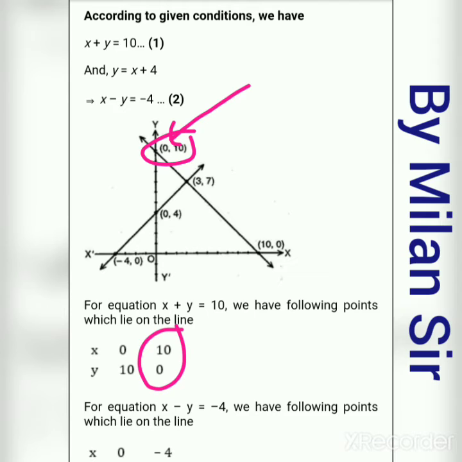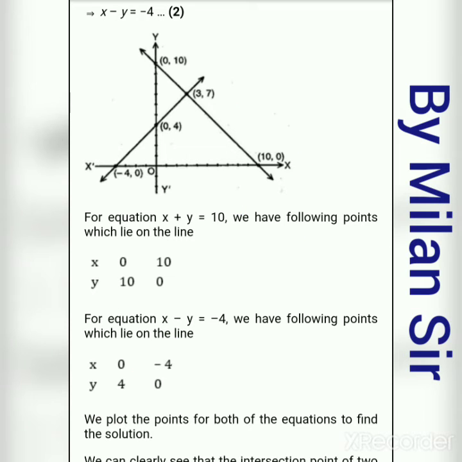The y coordinate is 0, so it lies on the x-axis. Now pass one line through these 2 points. It is our first line, x plus y equals 10.